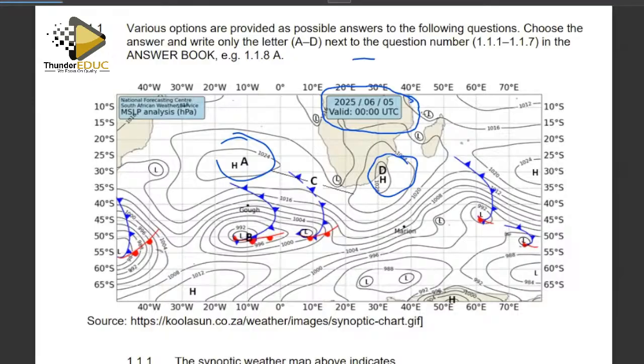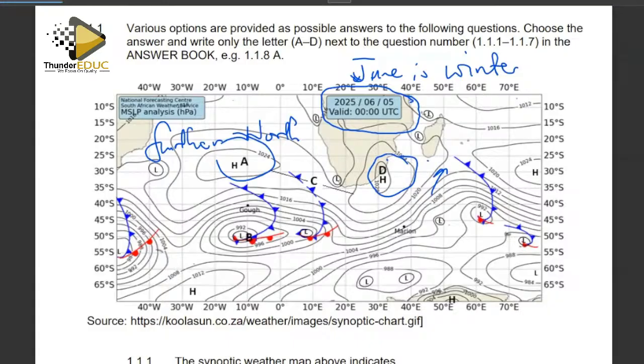We know this is our southern hemisphere. June is a winter month in the southern hemisphere. And also, these high pressure cells are further to the north. When it's winter, they move further to the north, to the sides of South Africa.